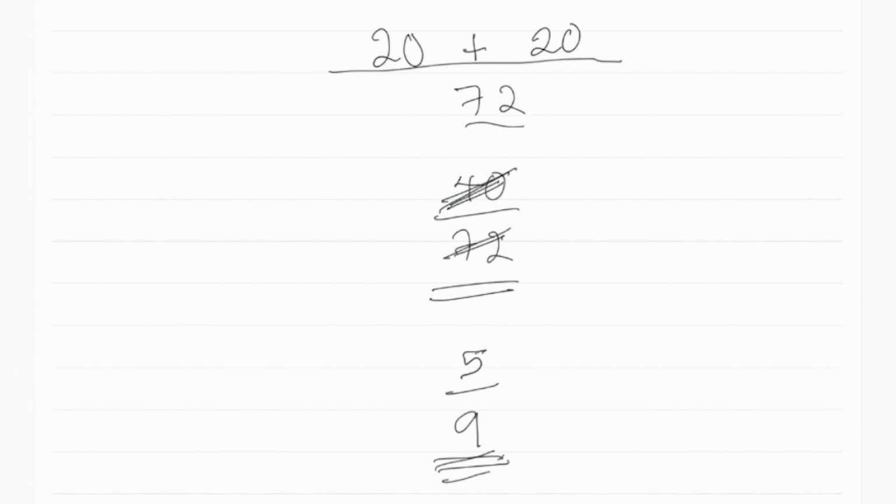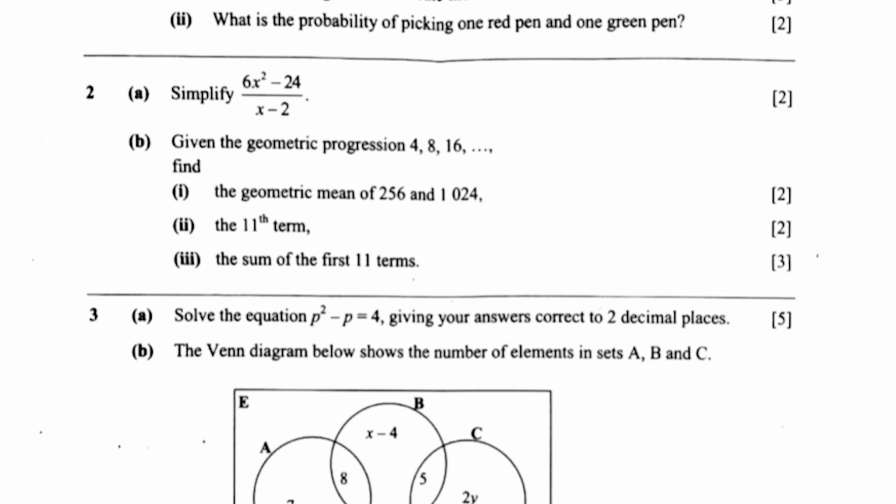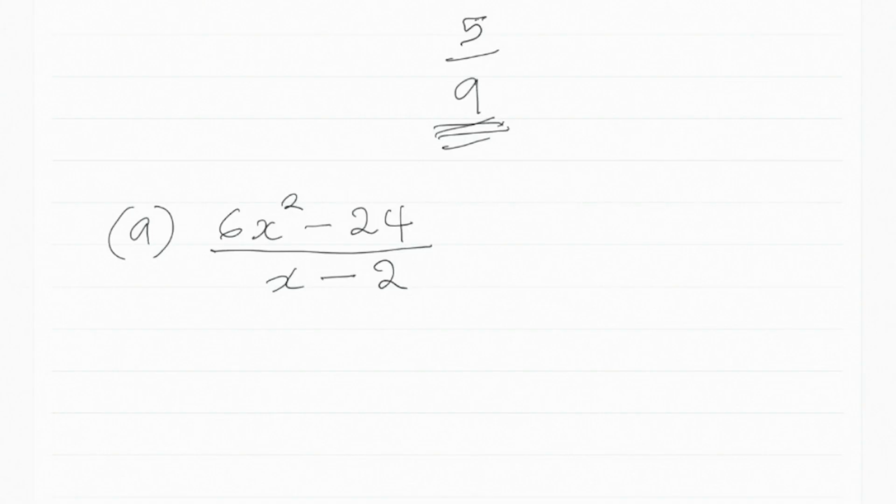We want to move on to the next question, which is question number 2, paper 2, 2019. Question number 2A states: simplify 6x squared minus 24, everything over x minus 2.